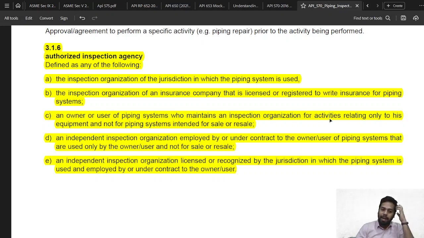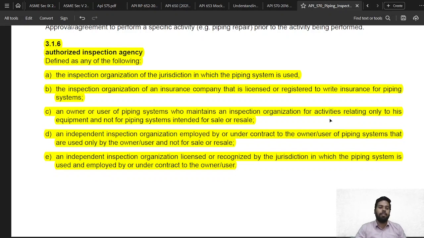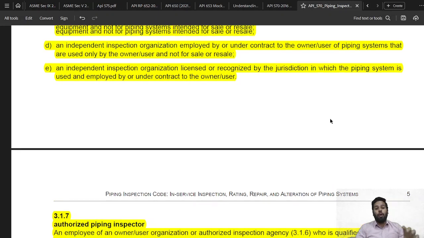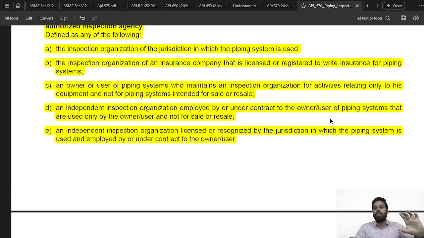Fifth, an independent inspection organization licensed or recognized by the jurisdiction in which the piping is used and employed by or under contract with the owner or user. If any one of these 5 points is qualified, then the organization will be considered an authorized inspection agency.